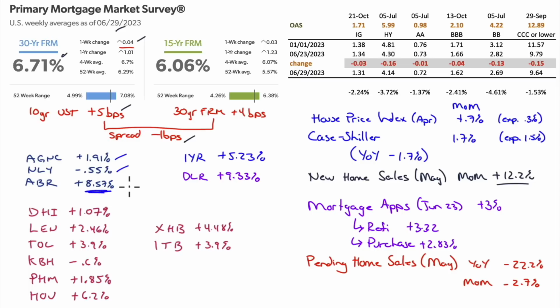They are now in the S&P 600, so funds had to buy ABR. If their index is the S&P 600, they had to buy it to some degree. Even if they're underweighting it, you still had to buy some shares, less than the index, but you still had to add them. So 8.57% on ABR.